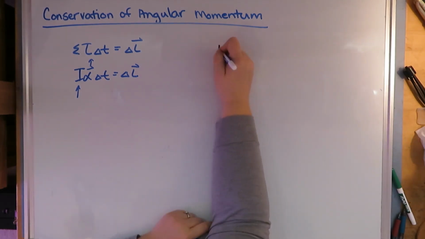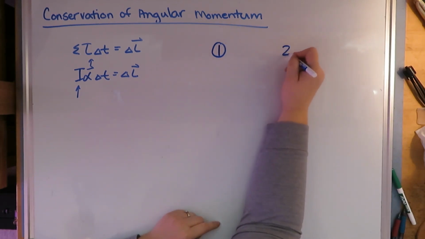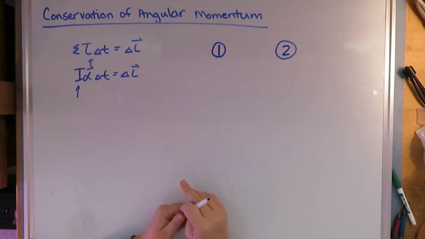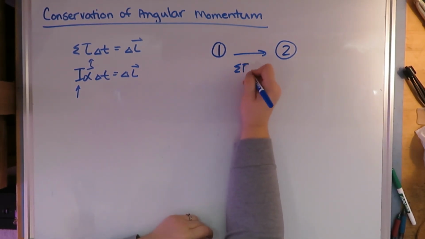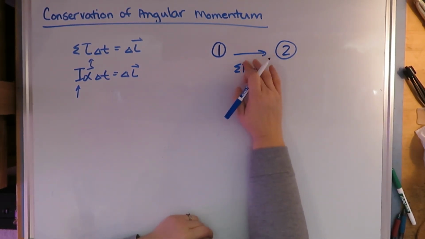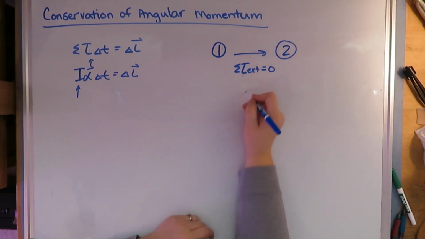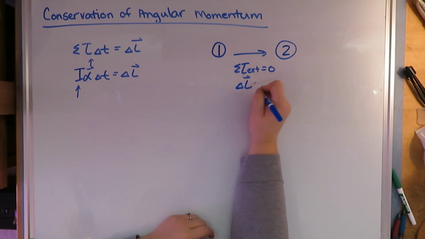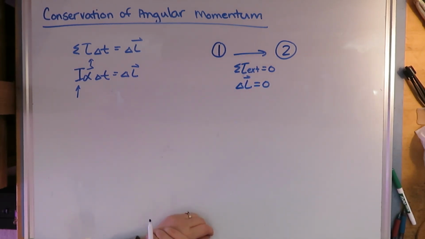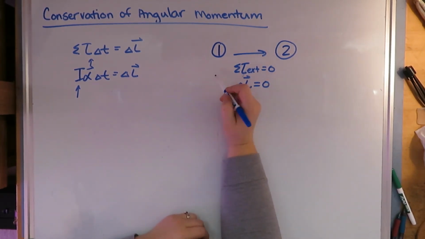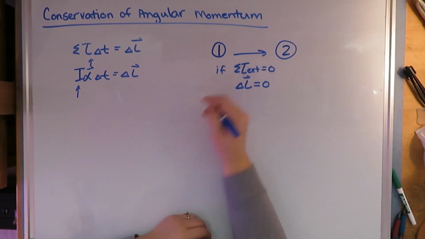You would start off with some initial state and some final state. What you need to do is figure out what the forces involved are. If your net external torques are equal to 0, then your change in angular momentum is equal to 0. That is essentially the law of conservation of angular momentum.